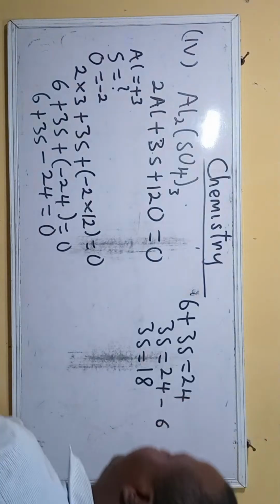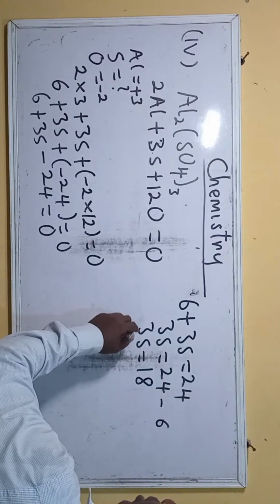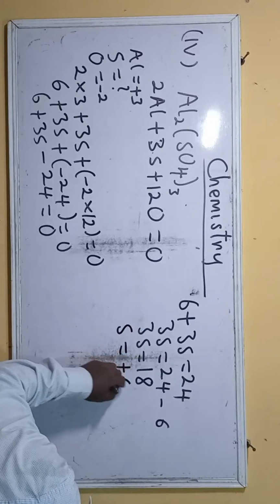So I will have, if I divide both sides, sulfur will give me plus 6.